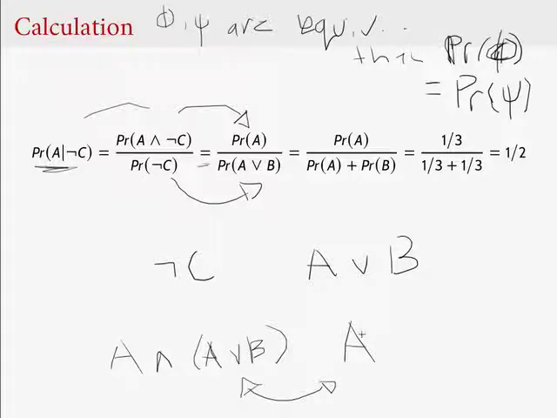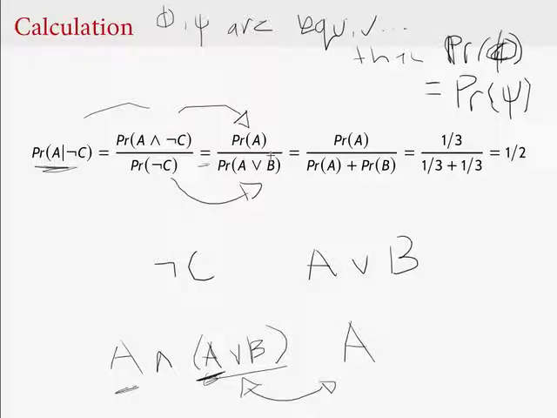It must therefore be that A is true. So this first sentence entails the second. And also, suppose that A is true. Therefore, it must be that both A is true, which is the assumption, and also that this disjunction A or B is true, because the disjunction is true when at least one of the disjuncts is true, and we're assuming A is true. So these two sentences are equivalent.